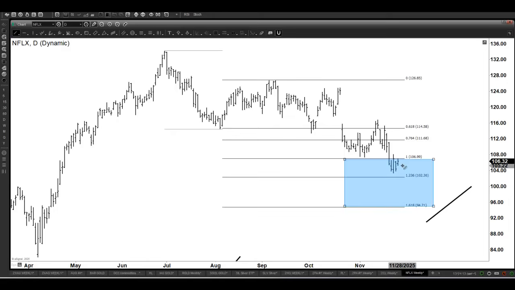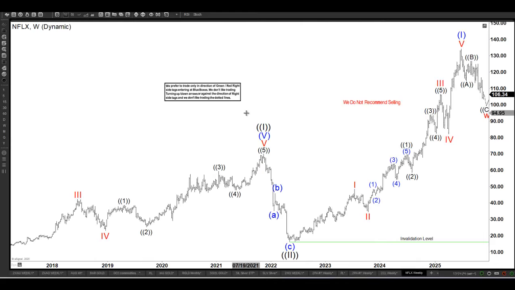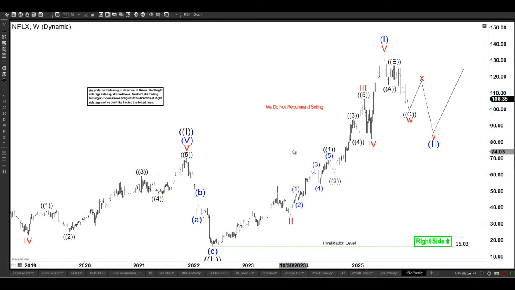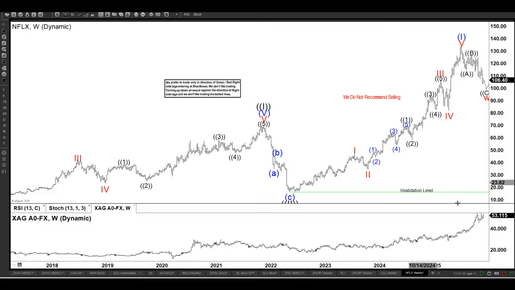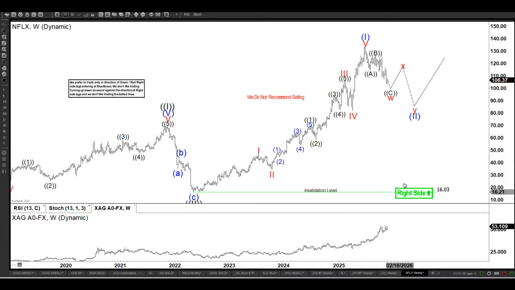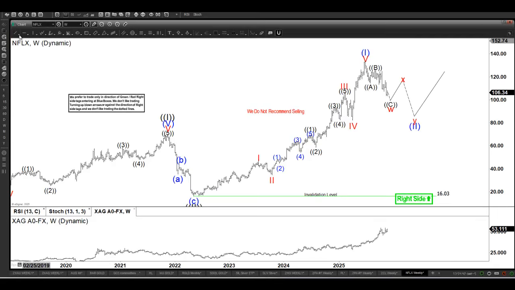And it needs to bounce at least. If Netflix ends up doing this, and this is how we kill the suggestion. If Netflix does this, silver will do this.